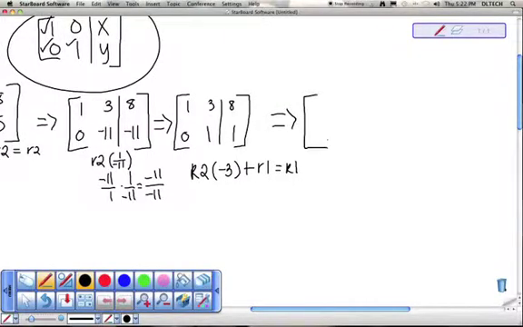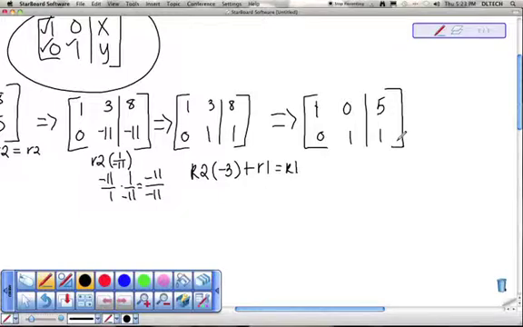So we'll rewrite our row 2. And now we'll solve for our new row 1. -3 times 0 is 0, plus 1 is 1. -3 times 1 is -3, plus 3 is 0. -3 times 1 is -3, plus 8 gives us a 5.